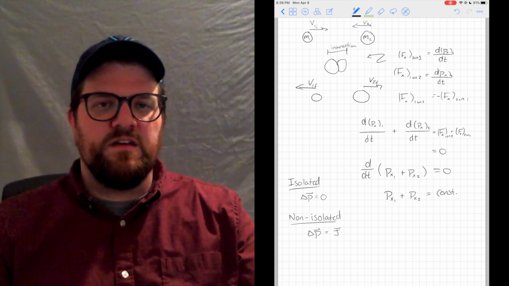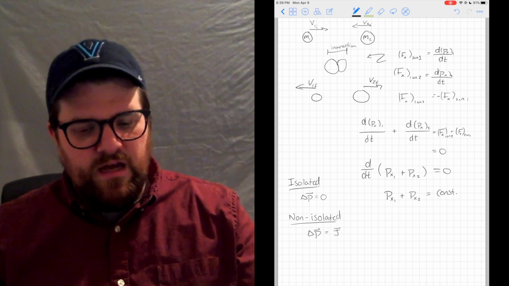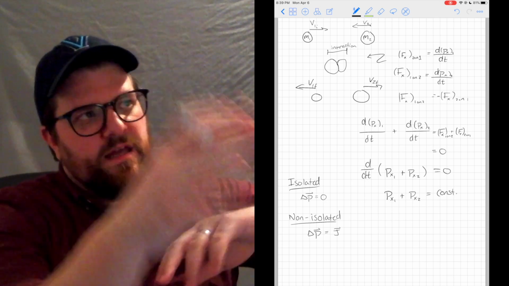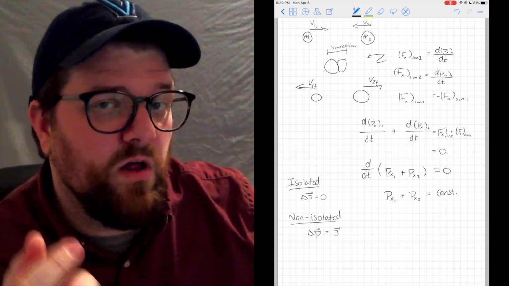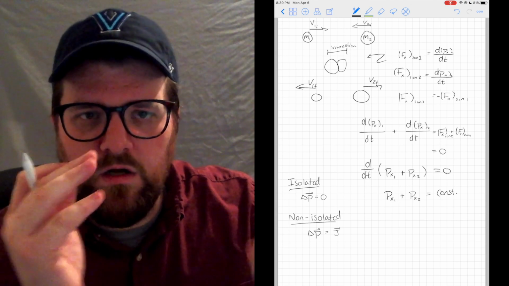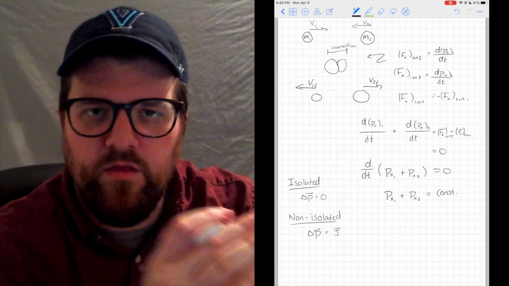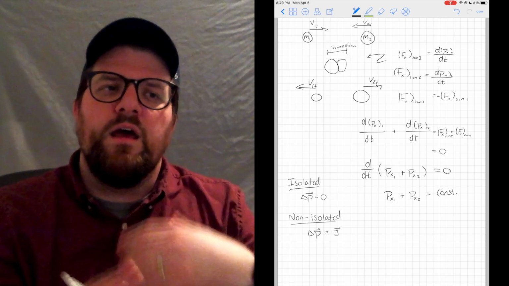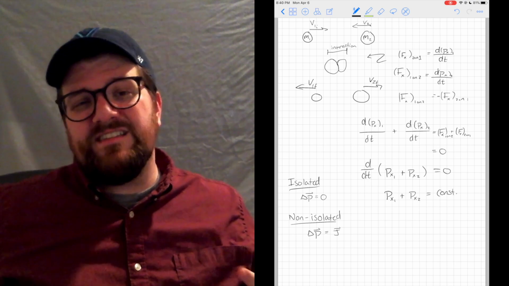fully conserved. But if I look at a very simple system, something like throwing a ball up against a wall, let's say it's a bouncy ball and it bounces back to me. Well, that wall collided with the ball. The ball went backwards, but the wall didn't, right? Now the wall is part of a bigger system, right?